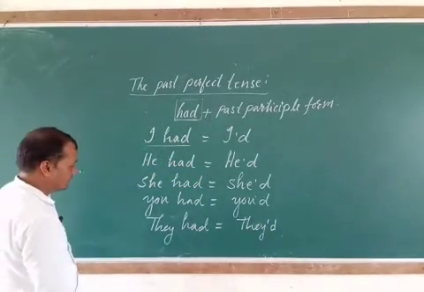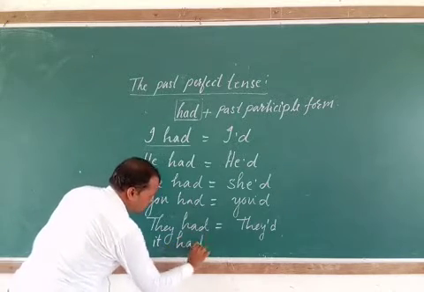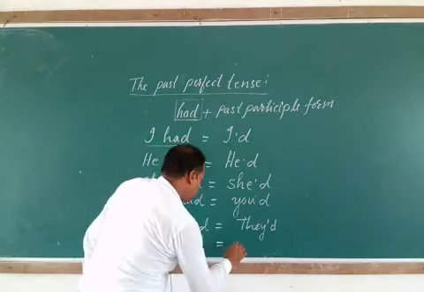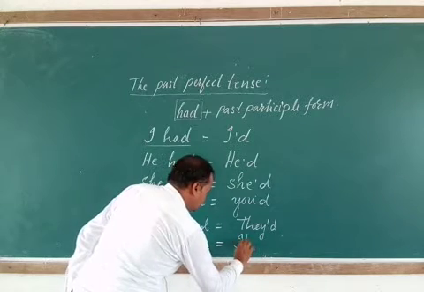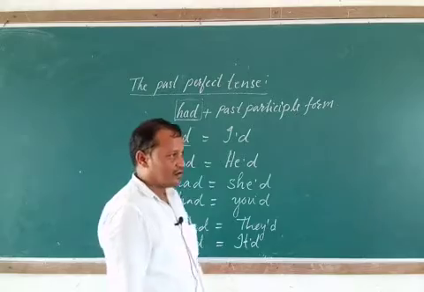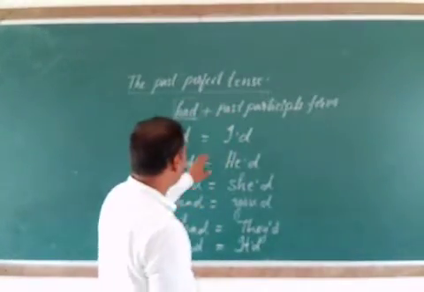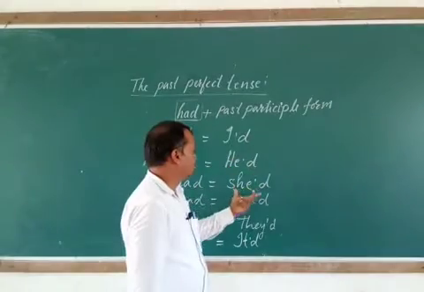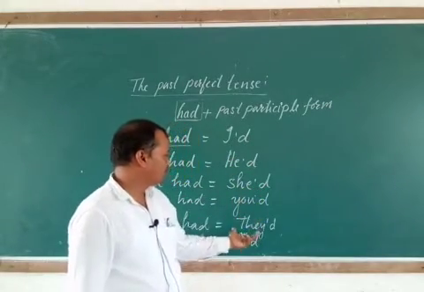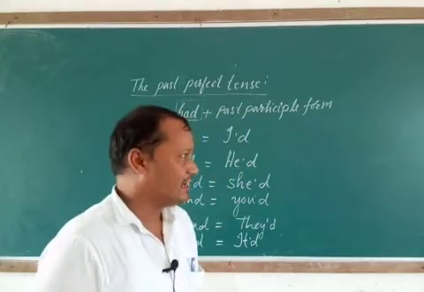And it had, it is a little bit tricky and it is pronounced it'd. So these are the contractions. So you can pronounce it I'd, he'd, she'd, you'd, they'd, it'd. You can say it.